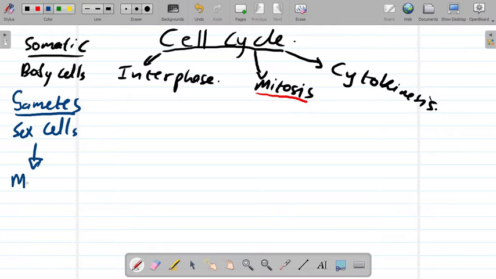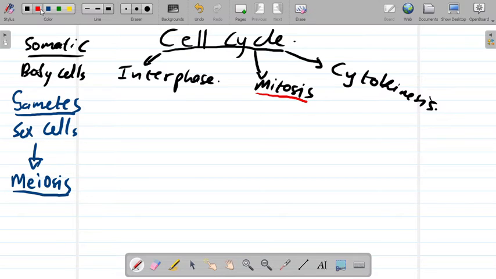They undergo something called meiosis. Then your sex cells undergo meiosis, and your body cells undergo mitosis. Now the difference between the two is that at the end of mitosis you have the mother cell and the daughter cell, so two identical cells, genetically identical cells.